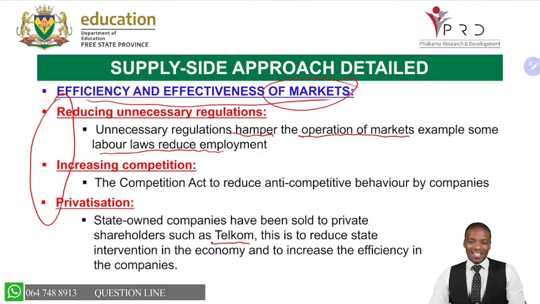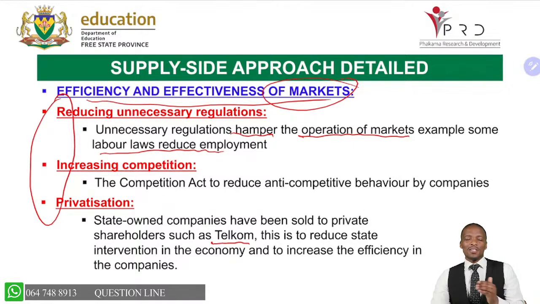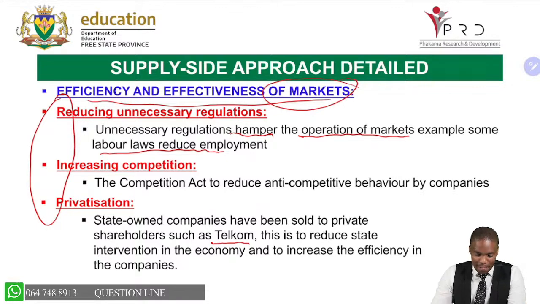But in economics, under efficiency of market, it stands for reducing unnecessary regulations, increasing competition, and also privatization. So those are ways that are much easier and nice to remember. Make your own abbreviations. Now you remember, under efficiency of market, RIP: reducing unnecessary regulations, increasing competition, and privatization. You get your marks there.